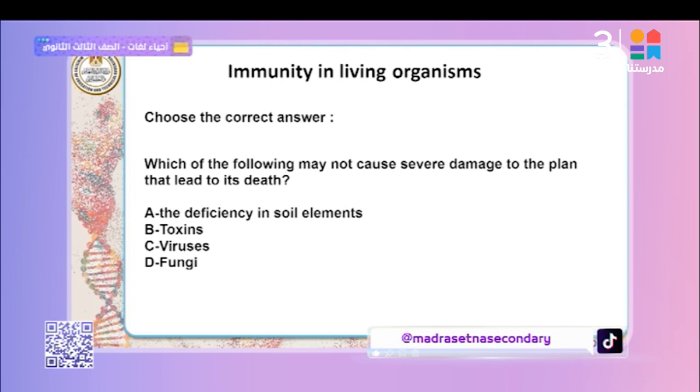Because when the water returns to the normal position in the soil, it can be treated after removing the causes. But toxins, viruses, and fungi destroy the plant completely. So the best answer is a deficiency in the soil element.